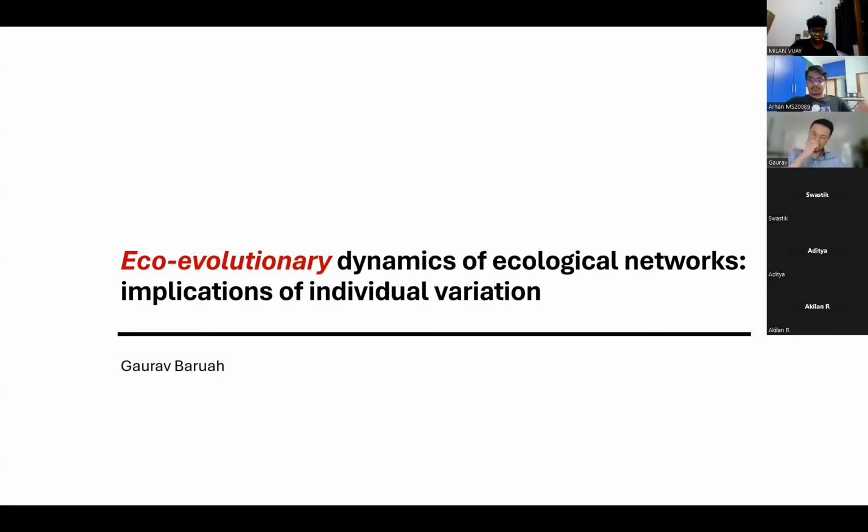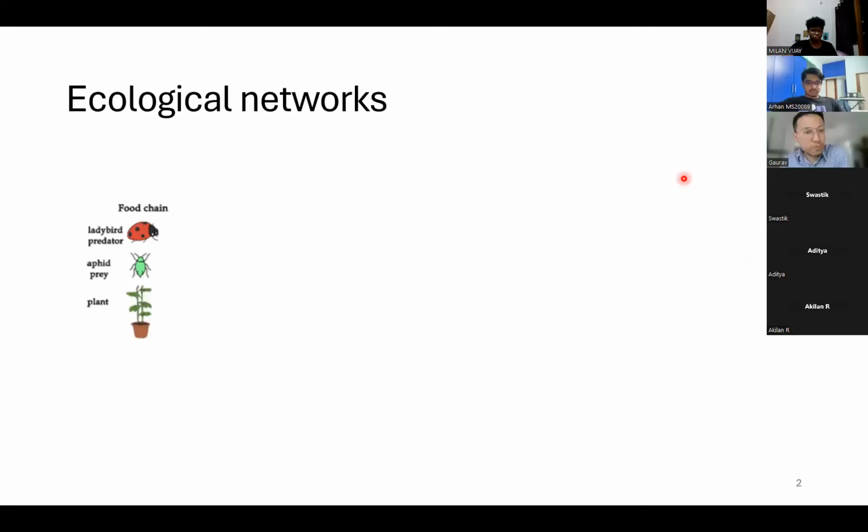So today, mostly, I'm going to talk about eco-evolutionary dynamics of ecological networks, and specifically talk about the variation that you observe in species and what the implications of such individual variation are. Whenever we talk about ecological networks, one of the simplest is, for instance, a tritrophic food chain.